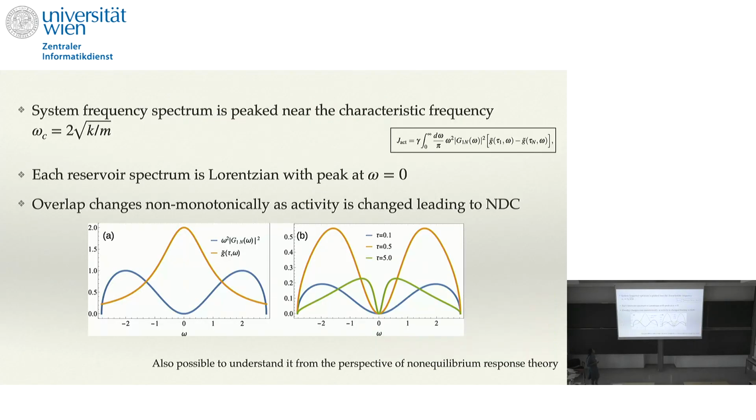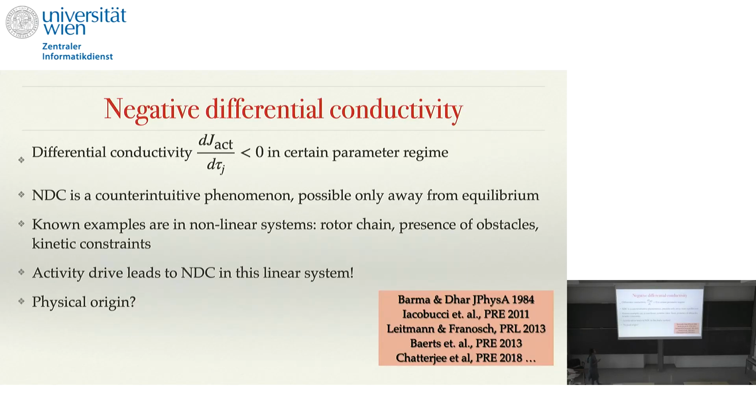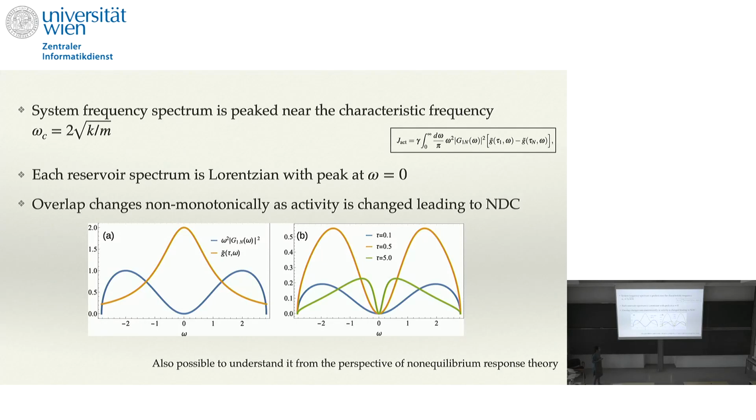underdamped situation still. So to understand this NDC from a physical point of view, in a sort of hand-waving way, what we can do is look at the spectra of the system and the reservoir. Remember that this is the form of the active current. I haven't shown the calculations, but it can be written in a form.